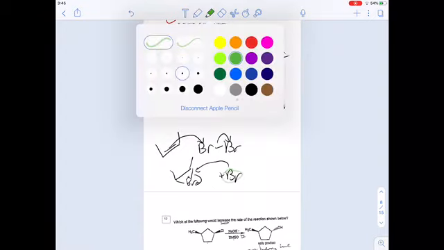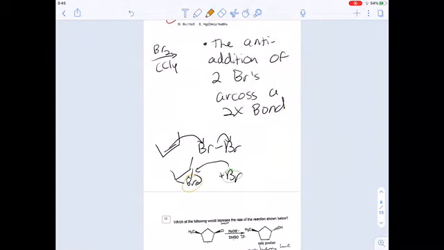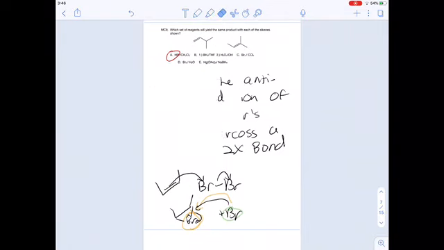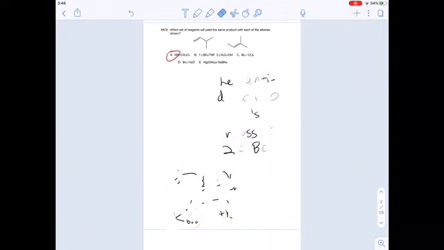So what that does is that ensures that this Br and this Br are not going to have the same stereochemistry because this one's going to be coming from the top and this one is going to get pushed away underneath. I did do the mech for this in the pre-mock a million times, so I'm not going to bore you guys with it again. It's at this point you should be memorizing what the reagents do and what the products are going to look like without doing the mechs for everything.